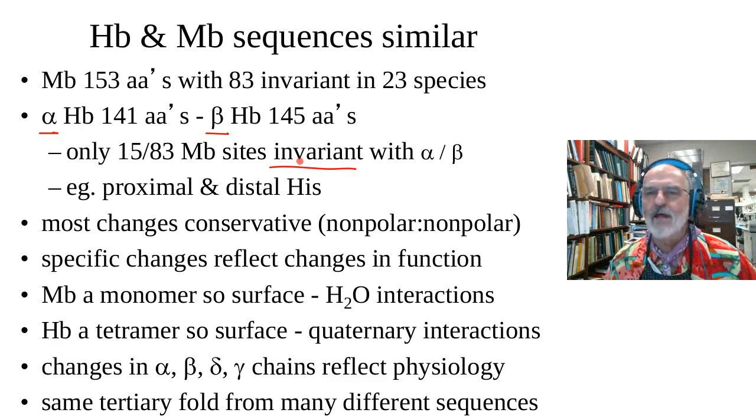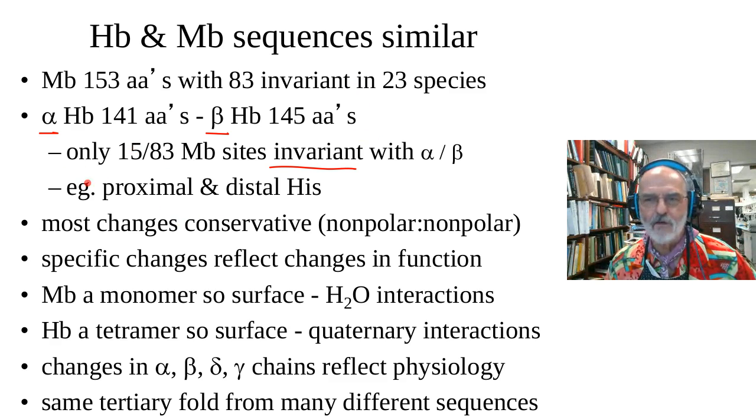I think the invariant here is going to eventually mean that these other sites are very similar. So maybe this means the myoglobins really are identical, invariant, and that between the myoglobin and the hemoglobin, that's where you get this similar substitution.